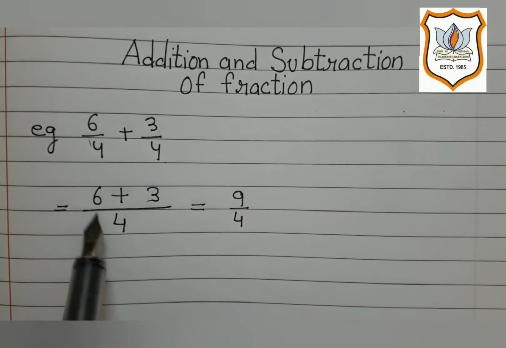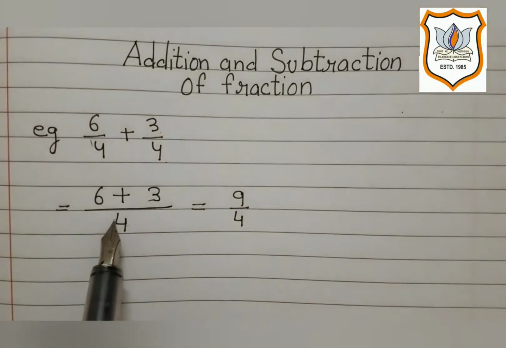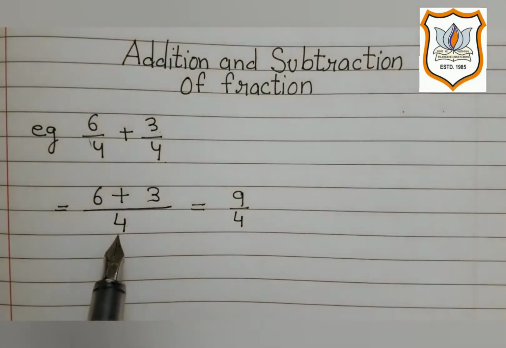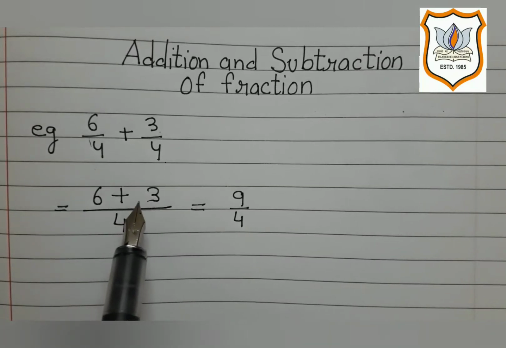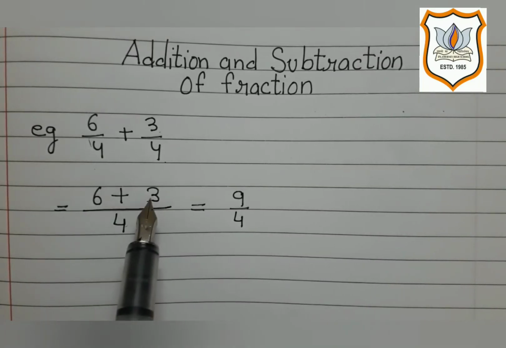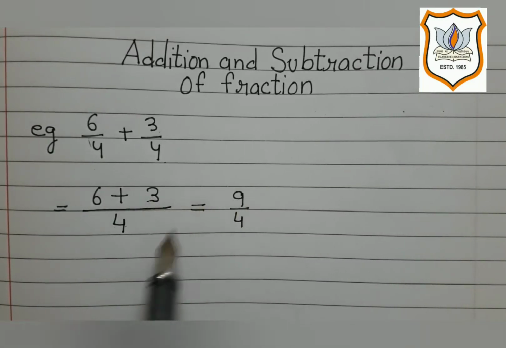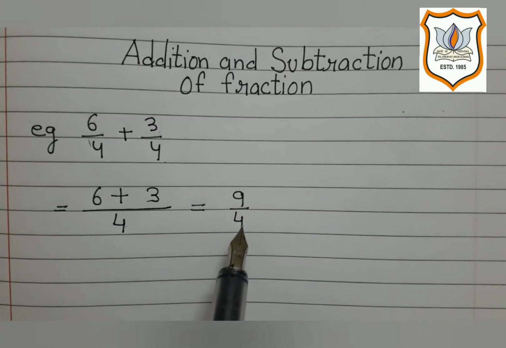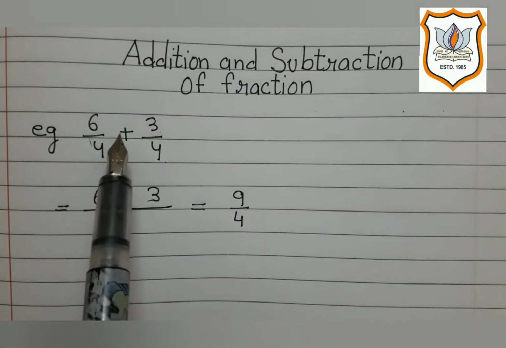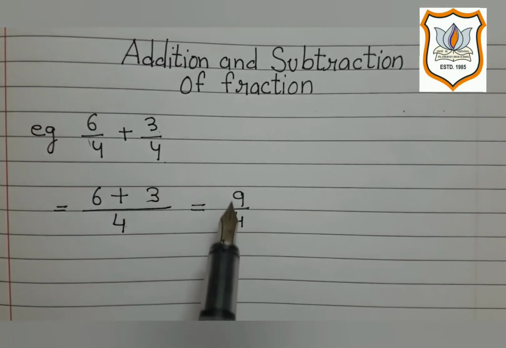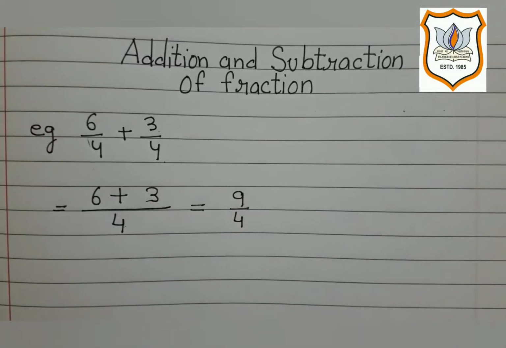Just write 4 under the fraction line and write 6 plus 3 above the fraction line. So 6 plus 3 is equal to 9 upon 4. This means 6 upon 4 plus 3 upon 4 equals 9 upon 4.